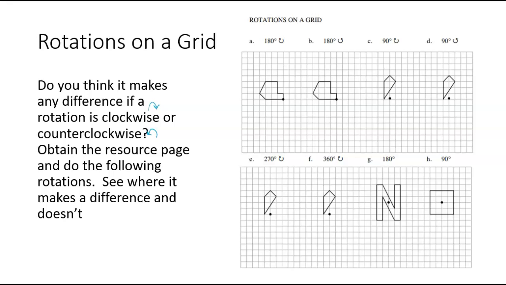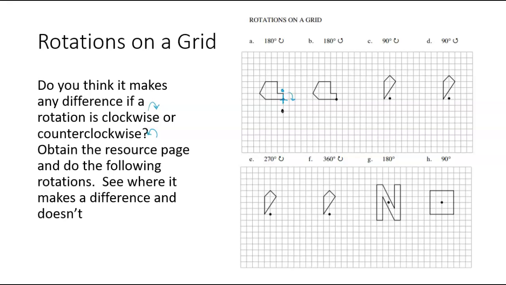So what I want you to do is, with your patty paper and your resource page, try to follow the directions and focus on the 180. Remember that you are going to put a little plus sign on that point of rotation. If I put a little dot here and I have to move it 180, this dot will move down here.